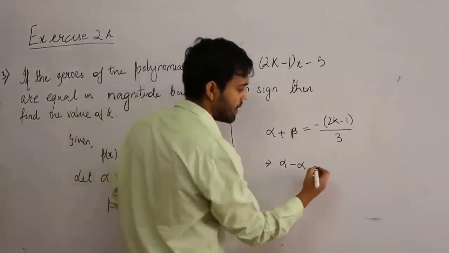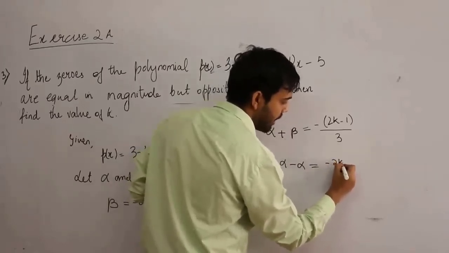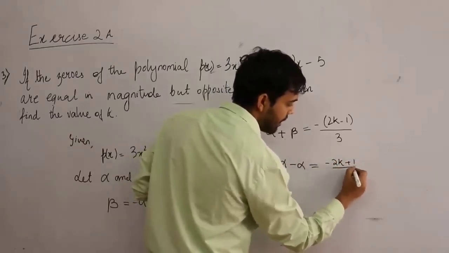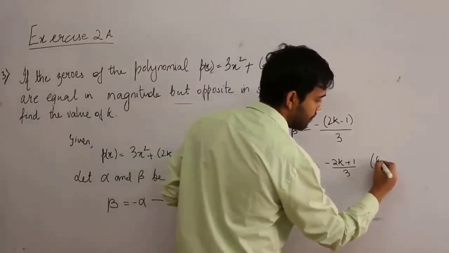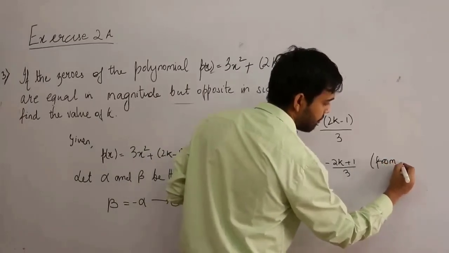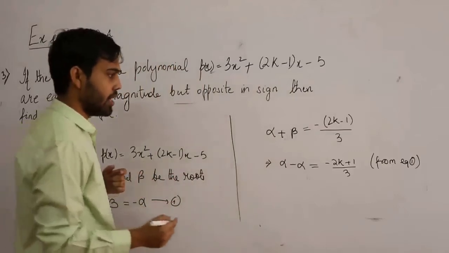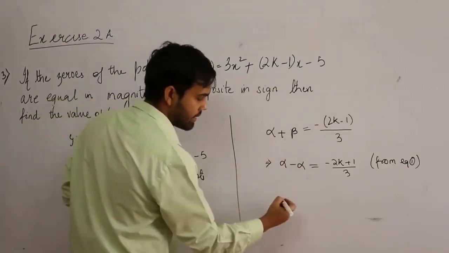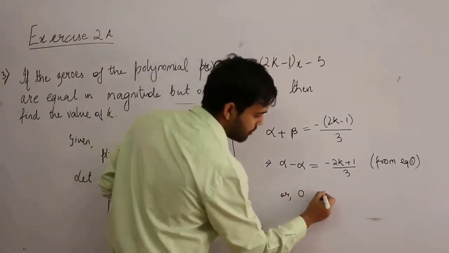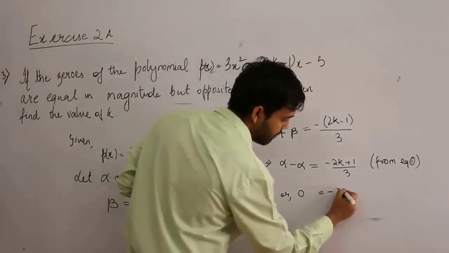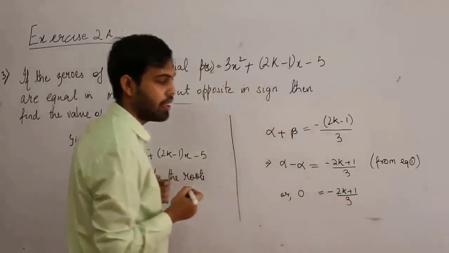So I have alpha minus alpha equal to minus (2k minus 1) by 3, which is minus 2k plus 1 by 3. So alpha and alpha get cancelled, so I have 0 equal to minus 2k plus 1 by 3.